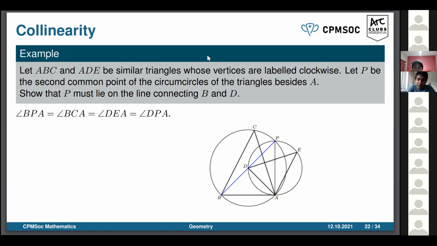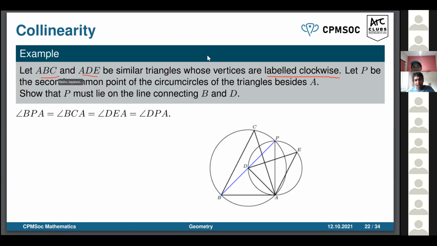So one interesting part about this question is the vertices must be labeled clockwise. The reason they have to be labeled clockwise is that when we're doing all the proofs involving angle chasing and similarity later on, it turns out that the angle chasing only works when the two triangles are oriented in a similar way.